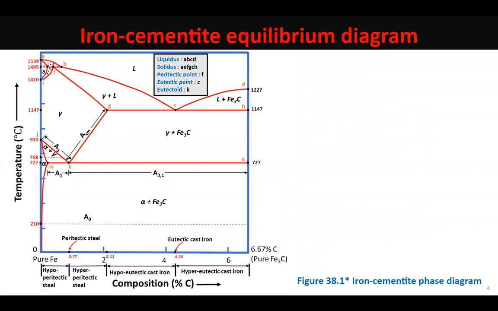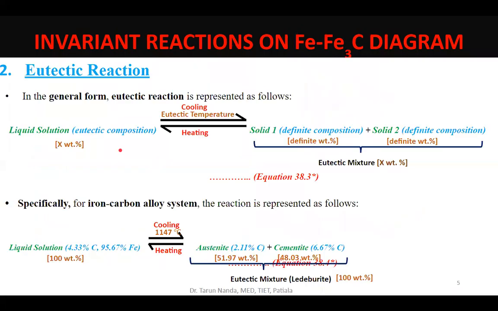Here again, I have shown that A, B, C, D is the liquidus line, A, E, F, G, C, H is your solidus line for this diagram. And there are three important points: the peritectic point, the eutectic point, and the eutectoid point.